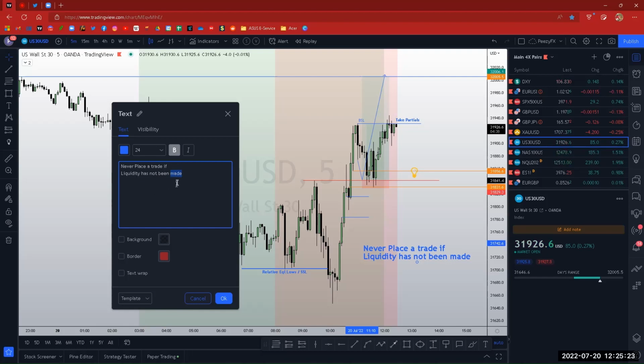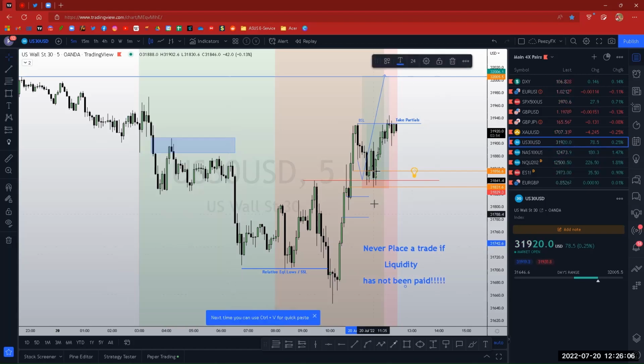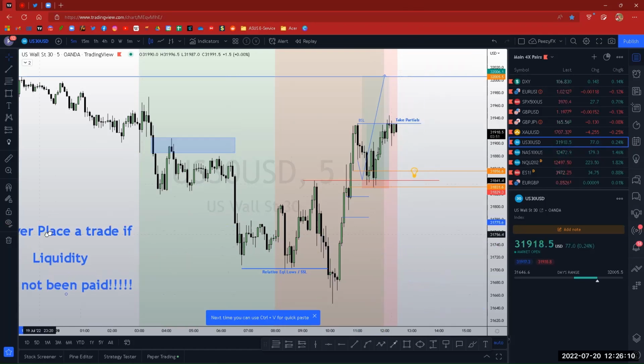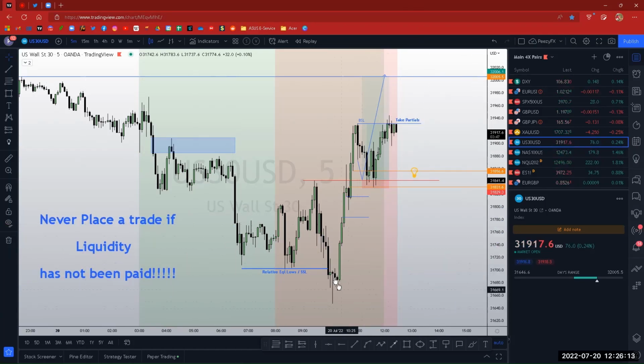Never place a trade if liquidity has not been laid. How about this? Paid. Never place a trade if liquidity has not been paid. I don't even know if that makes sense, but it sounds better. Never place a trade if liquidity has not been paid.